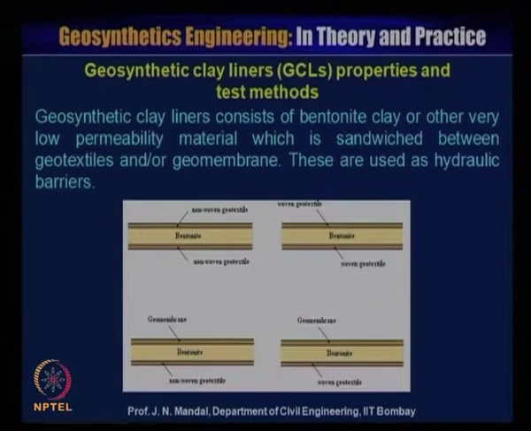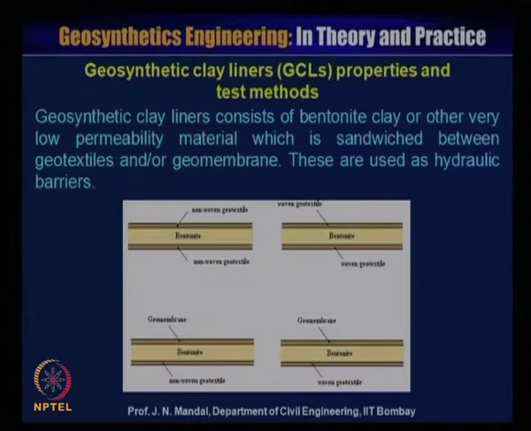Now, we will discuss the geosynthetic clay liner, that is GCL, properties and test methods. A geosynthetic clay liner consists of bentonite clay or other very low permeability material which is sandwiched between geotextile and or geomembrane. These are used as a hydraulic barrier.